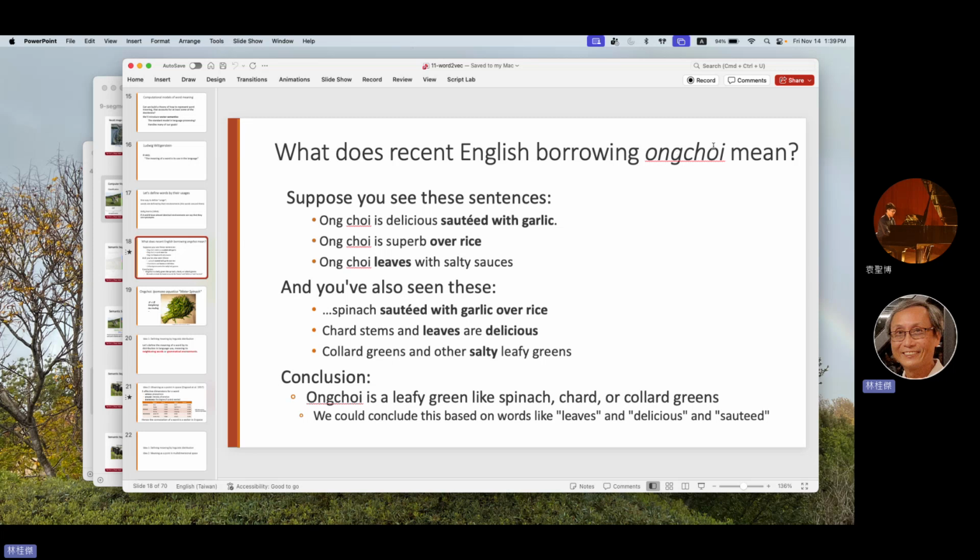And somebody asked a question about this onshore, but somehow if our system can tell us, oh, onshore's location is very close to spinach, very close to chard, very close to these collard greens, then we probably can try to answer the question.